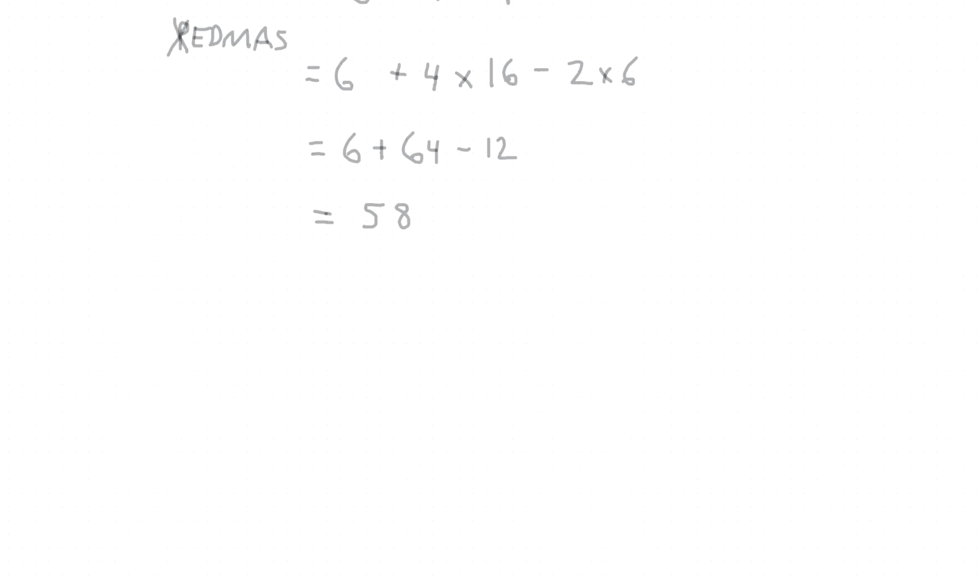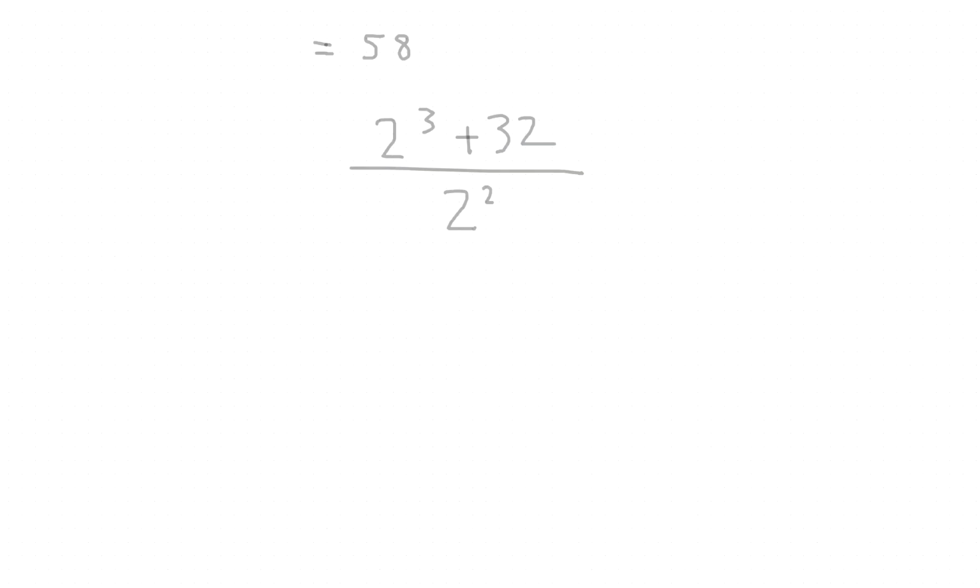Okay, so there's no parentheses, but there's two exponents. What's 2 times 2 times 2? And then what's 2 times 2? 2 times 2 is 4. Okay, so the bottom's 4.